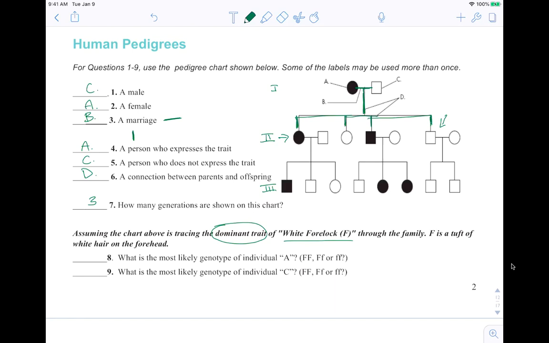If you look at the offspring, there's a 50-50 chance that they're going to get it. You notice that the dad does not have the trait, so the dad has to be little f, little f. So we're trying to figure out if we have a big F, big F situation here or a big F, little f. But because half of the kids have it and half of them don't, it would have to be the heterozygous.